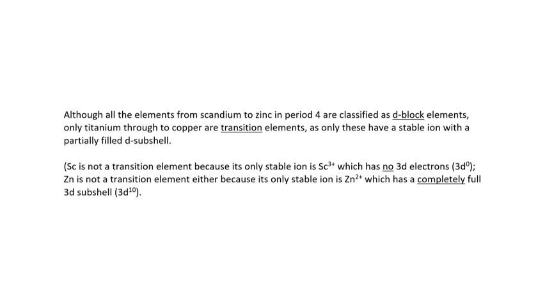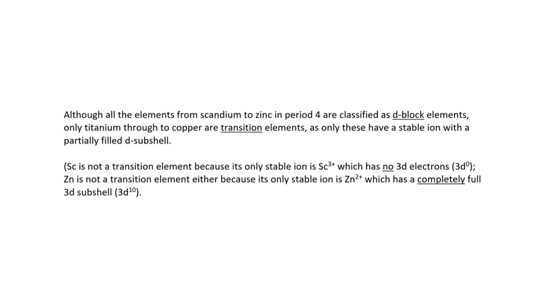Zinc is the other one, because zinc as an atom has a full 3d subshell, so it's 3d10 4s2, and its only stable ion is 2+. So it loses the two 4s electrons, but it still has a complete set of 3d electrons, so it's 3d10, and therefore again it doesn't qualify because it doesn't have an ion with an incomplete 3d subshell.